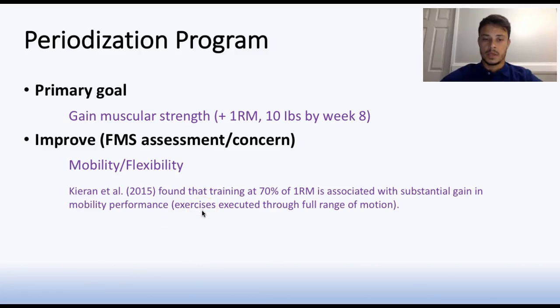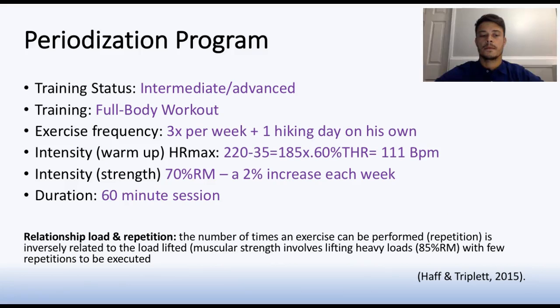This study was conducted, if I'm not mistaken, with a big cohort, about 40 people, and they said that the exercises were always performed with a full range of motion in order to achieve those substantial gains in terms of mobility.